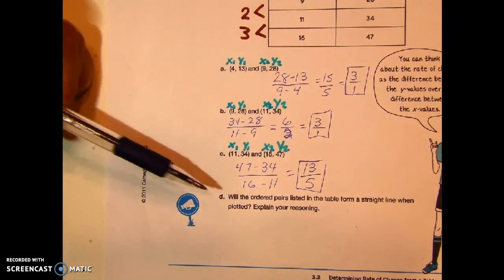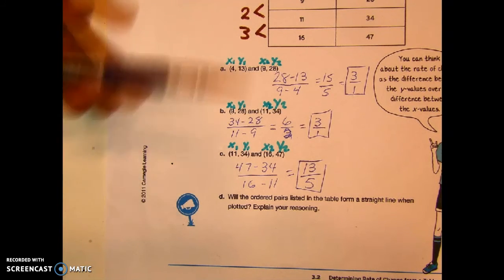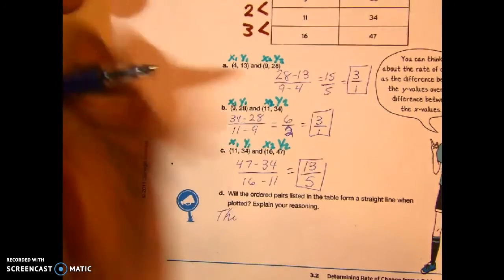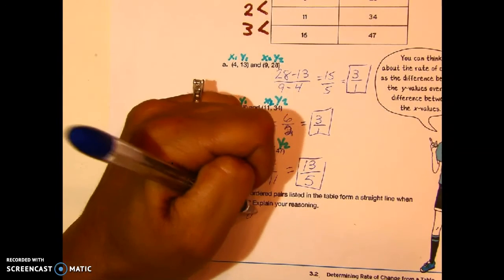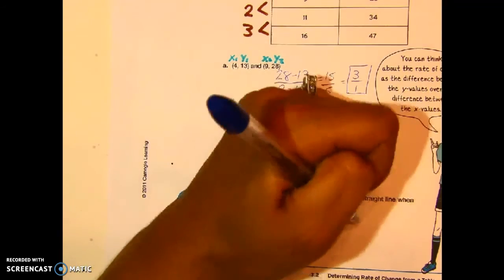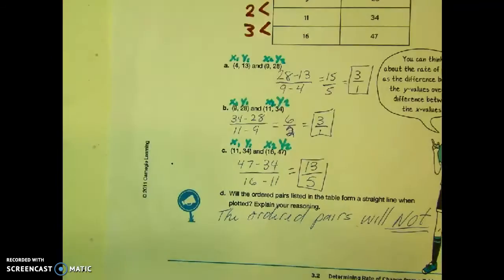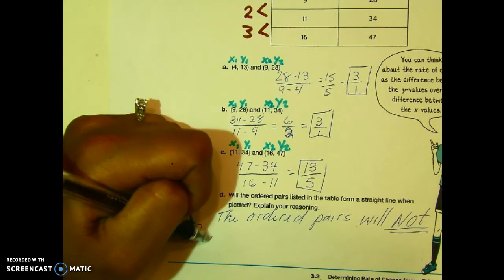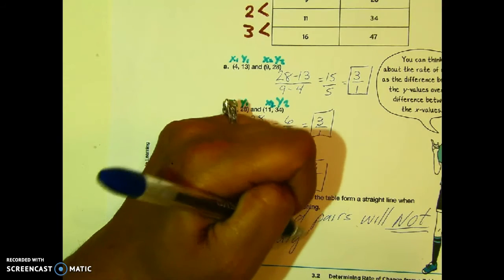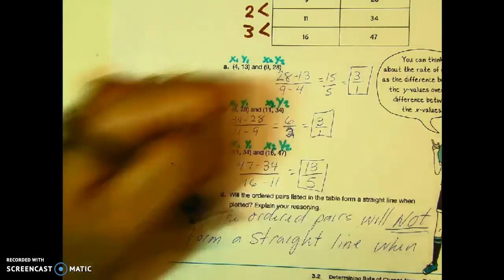So, let's do D. Will the ordered pairs listed in the table form a straight line when plotted? Okay, we're going to explain our reasoning. The ordered pairs will not is a key word, okay, we're going to underline that, form a straight line when plotted.